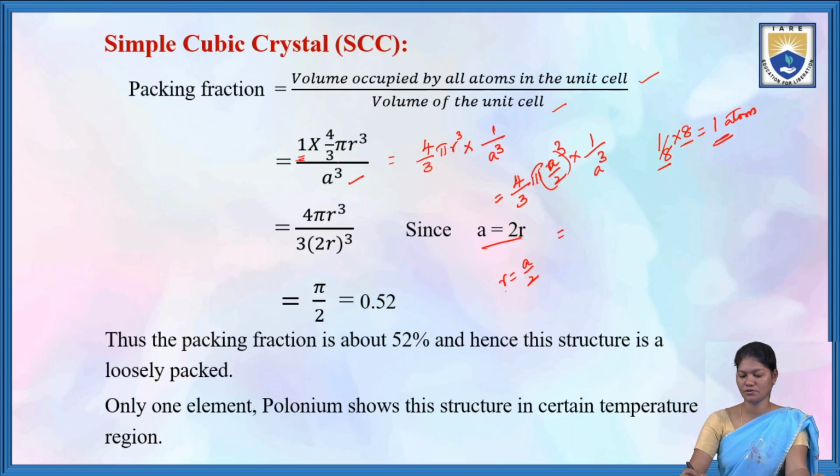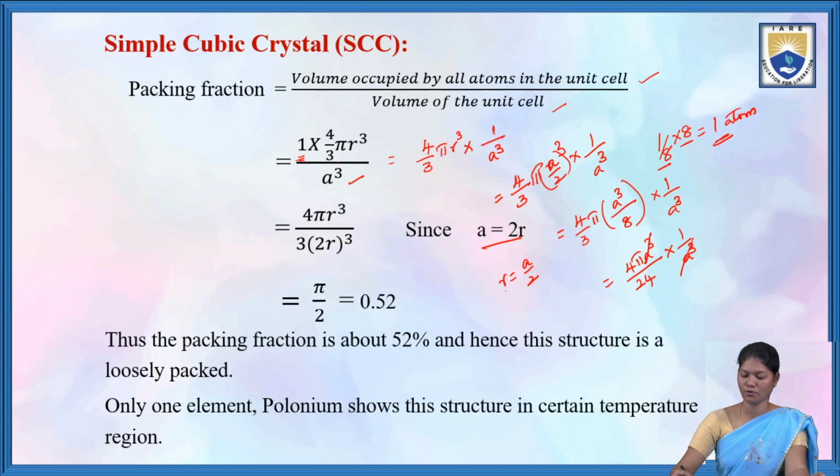So it is equal to 4 by 3 pi into a cube by 8 into 1 by a cube, which is 4 pi a cube divided by 24 into 1 by a cube.